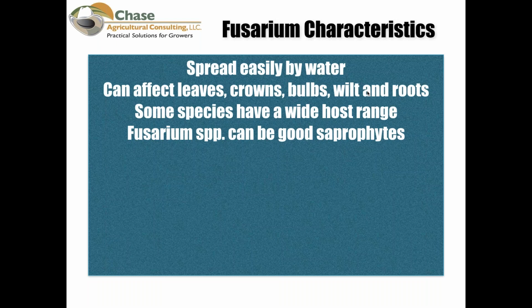So as good saprophytes, it makes them a tough thing to control because they have more than one way to go about their life. The Fusarium diseases do thankfully react rather dramatically to the form of nitrogen that you use. So we'll go over that in a lot more detail later. But this is the most important point. As I said, the form you use will dictate whether or not you can control a Fusarium disease.